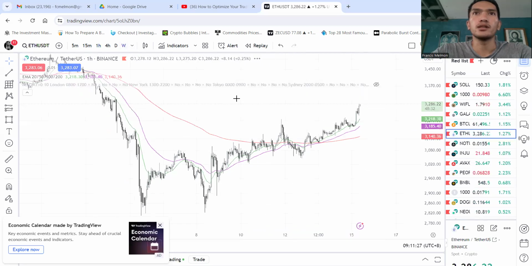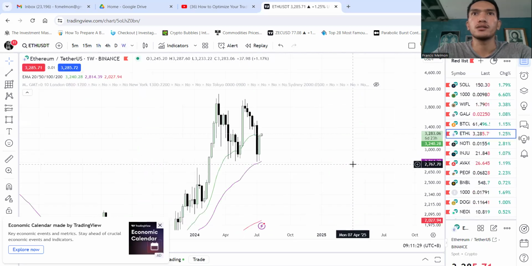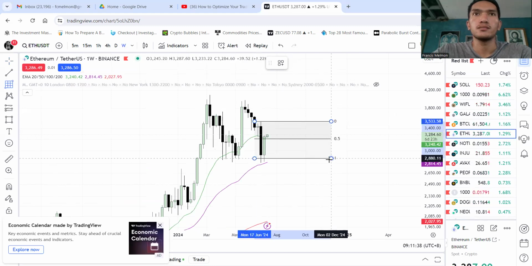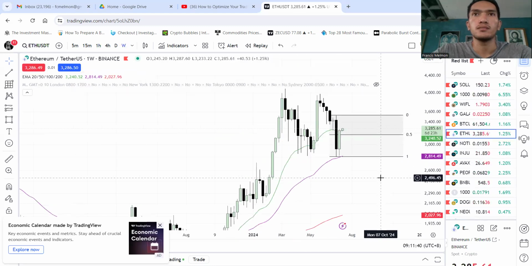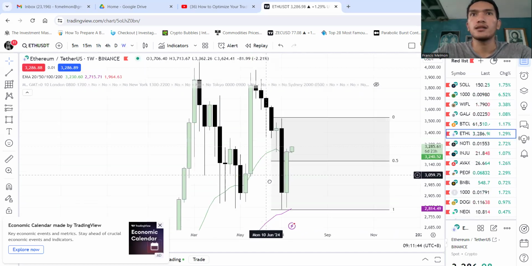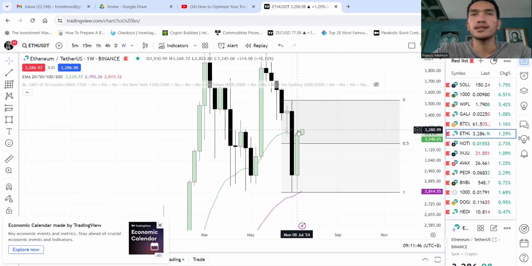Okay, next for the ETH. For the ETH, we also have an inside candle. Well, an inside candle can be continuous or its continuation.